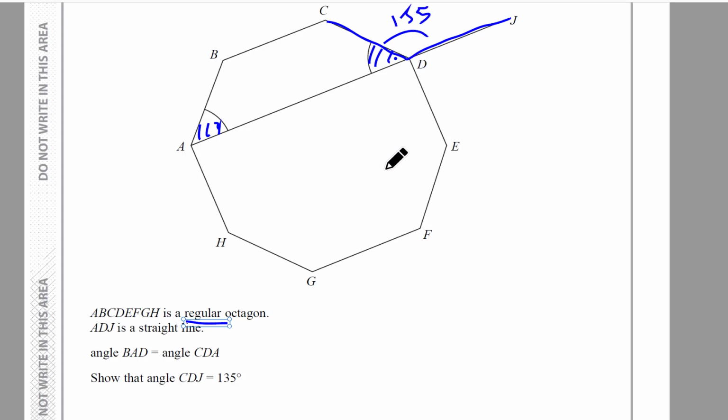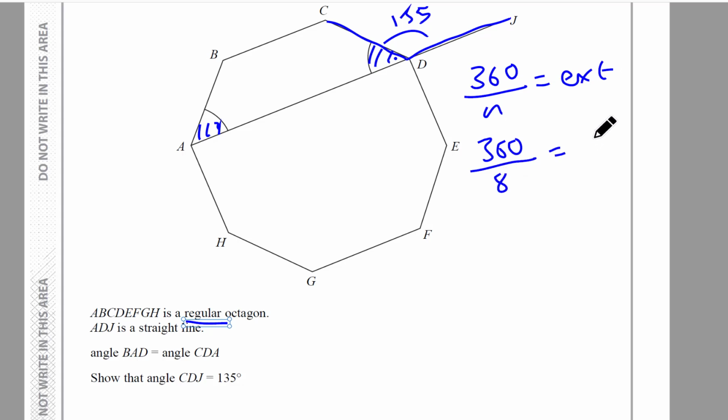So, first thing is we need to know what the interior angle of each octagon is, because that's going to help us answer the question. So I like to use this formula, 360 over n equals the exterior angle. We know the octagon's an 8-sided shape, so 360 divided by 8 equals 45.